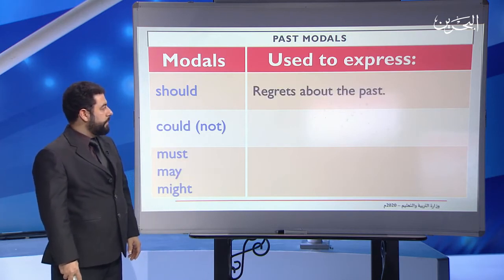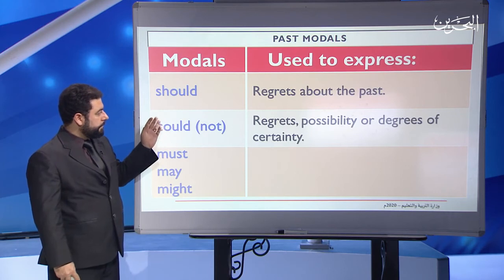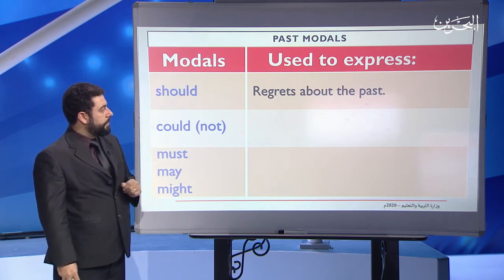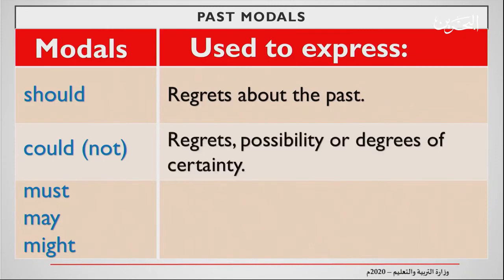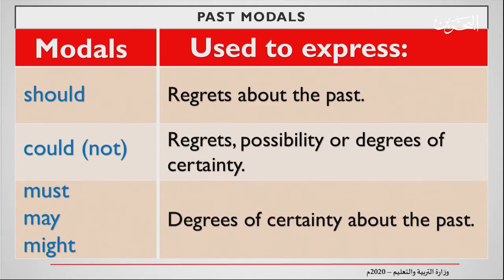So, we use should. Should is used to express regrets about the past. Could not, we use it to express regrets, possibility, or degree of certainty. Must, may, and might are used to express degrees of certainty about the past.